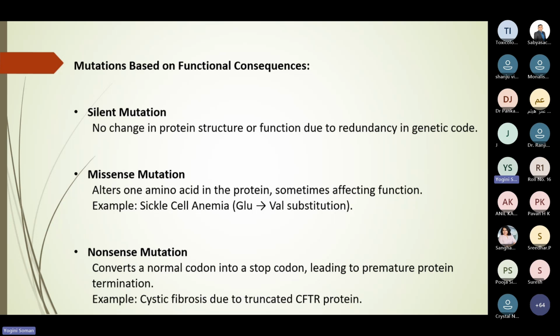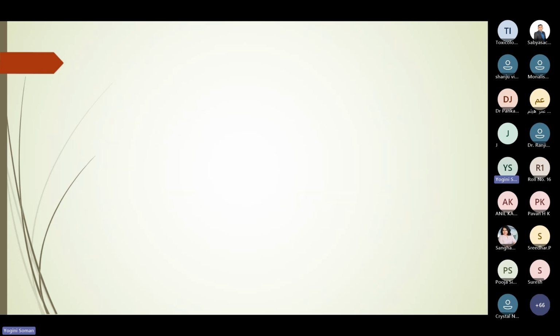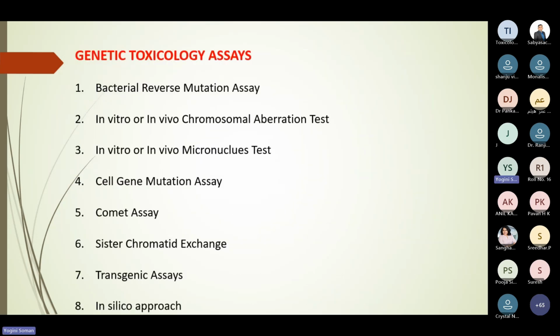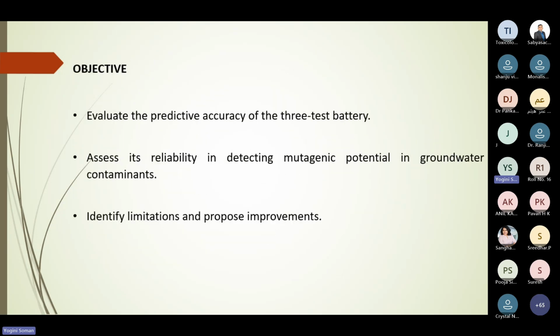Then functional consequences of mutation, that is silent mutation, missense mutation, and nonsense mutation. Then mutations based on origin, that is spontaneous and induced mutation. We have also covered one case study for the groundwater metabolites.